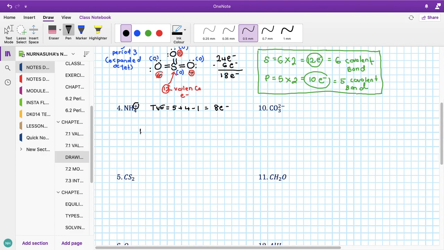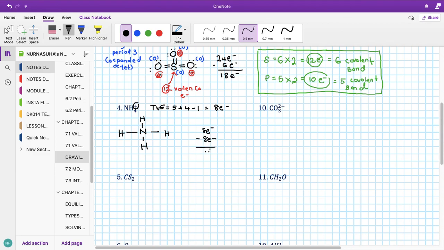So we draw the skeletal structure. Ammonia in the middle. Hydrogen surrounding the nitrogen. Okay, now we have 8 electron. So we minus with 4 covalent bond means that we use all 8 electron.